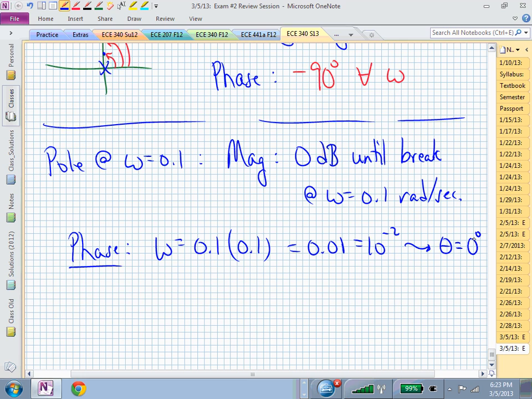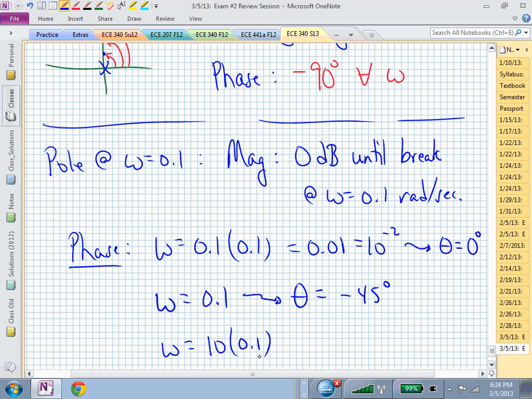It's 0, isn't it? Then at the next point of interest, right at the break, what's the angle right at the break frequency for this single factor? It's a pole factor. It's minus 45.